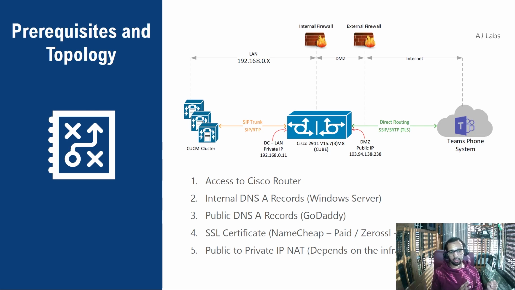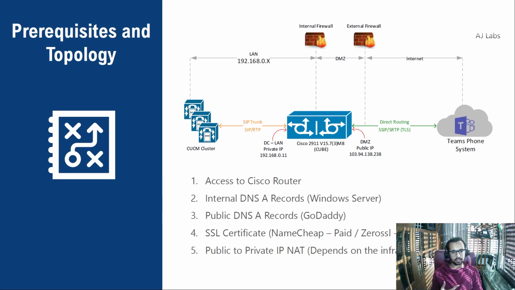The same thing, sbc.ajcollab.com should resolve to a public IP address when I am trying from externally or any external party trying to integrate. That public IP address should be one-to-one NATed to the CUBE IP address, which is 192.168.0.11, so that anyone who externally talks to that, it comes to the public IP address, it goes to the private IP address of the CUBE so that they can establish that connection. That terminology, we call it network address translation, and I'm not going deep into network address translation. So we have a DNS record for the internal, which is a Windows DNS server.